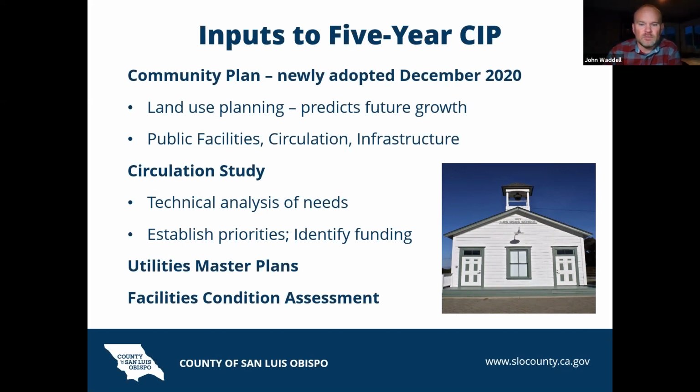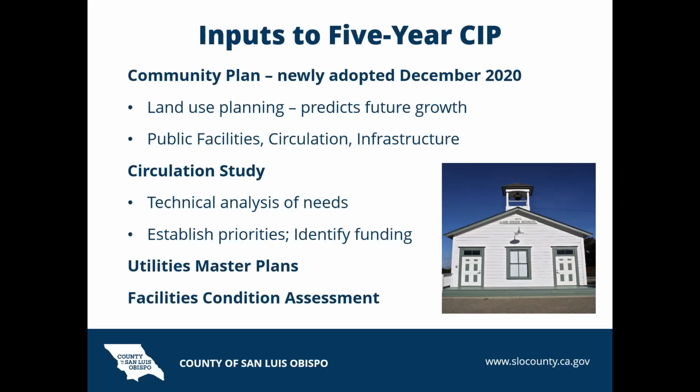So looking at road and intersection improvements, looking at level of service for traffic, and then infrastructure. An example of that is water and sewer capacity for planned development.